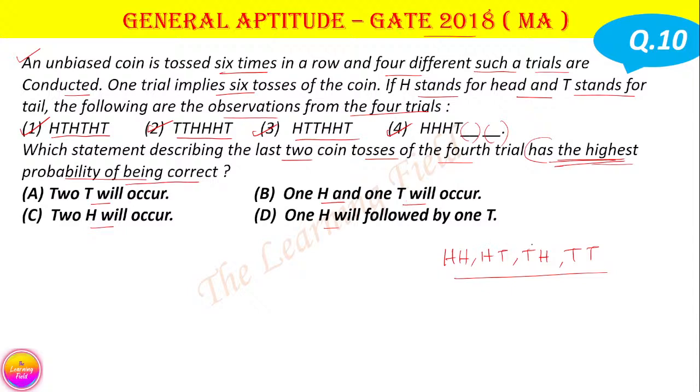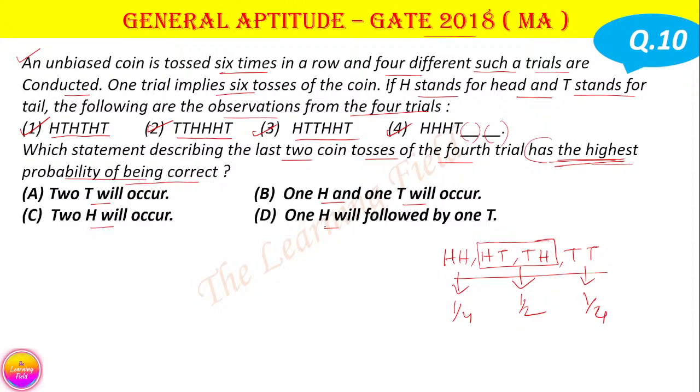So 1 head and 1 tail means we take these 2 possibilities, which have the highest probability: out of the 4 possibilities, these 2 have probability 1 by 2, while the probability of head-head is 1 by 4 and tail-tail is 1 by 4. The highest probability is this one.